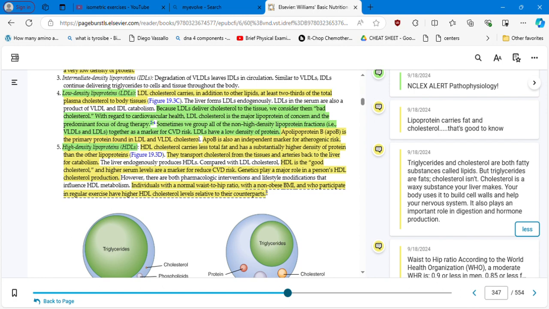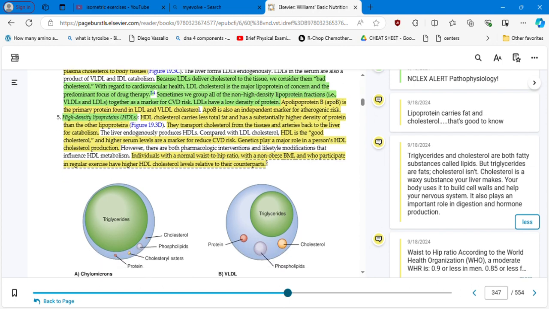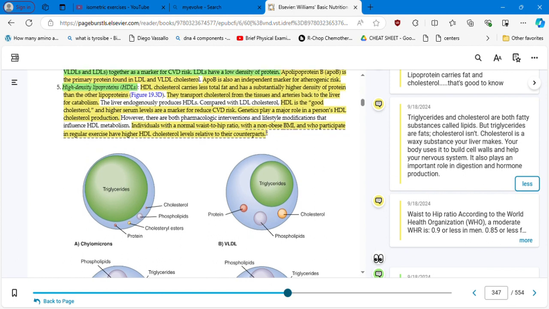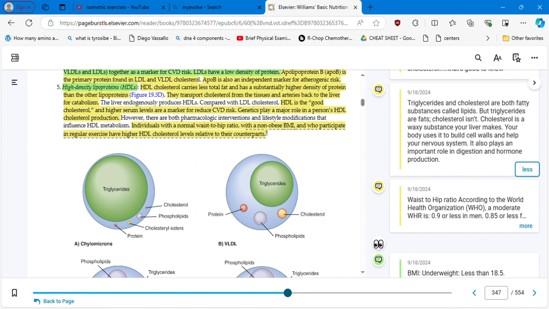These tests are not covered by the insurance. You need to pay extra. I'm going to order apolipoprotein B to see if the patient has an effective risk for atherosclerosis. Usually they don't do this, because some people probably have high LDL, but they don't have high apolipoprotein B. There's no presence of that.